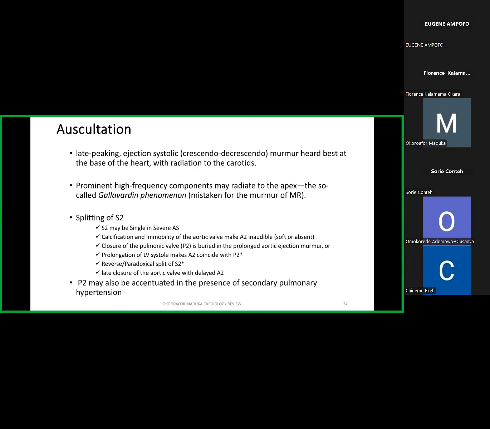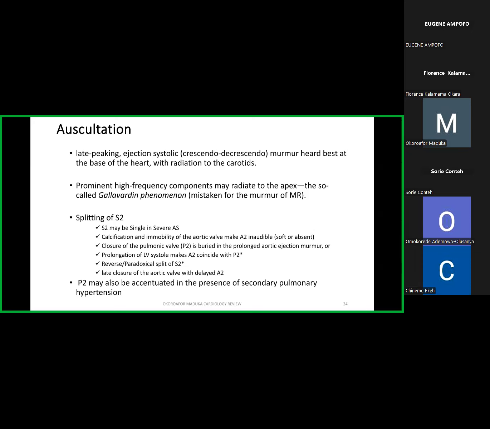Some texts say a mid-systolic ejection murmur is noted, also described as a crescendo-decrescendo murmur. Prominent high-frequency components may radiate to the apex, the so-called Gallavardin murmur.